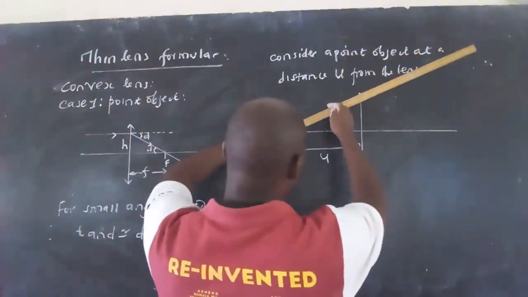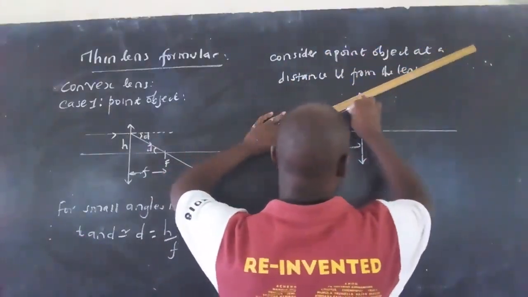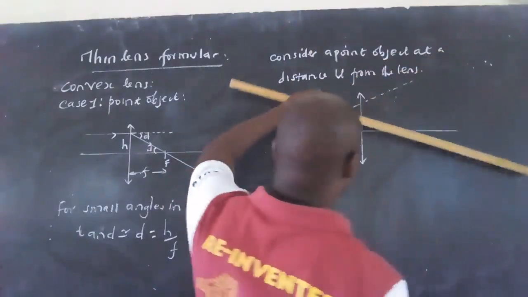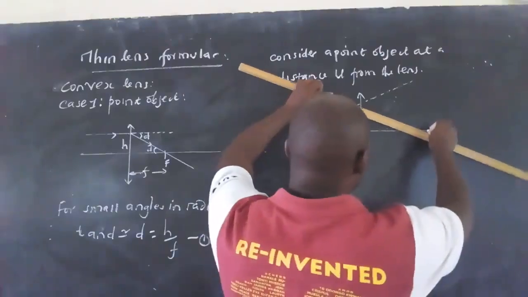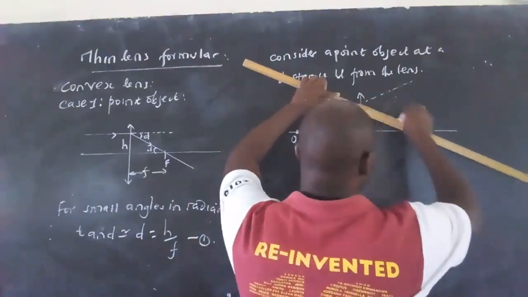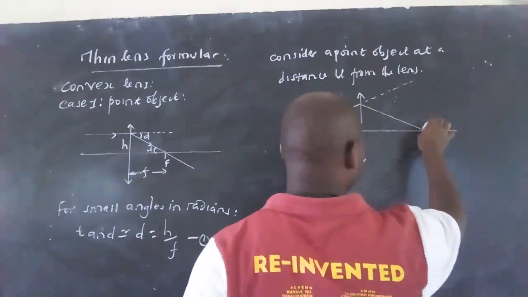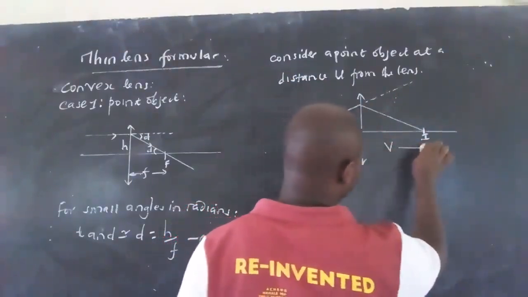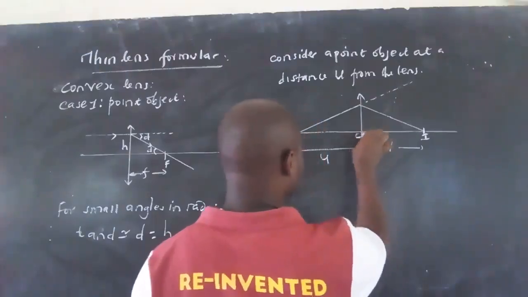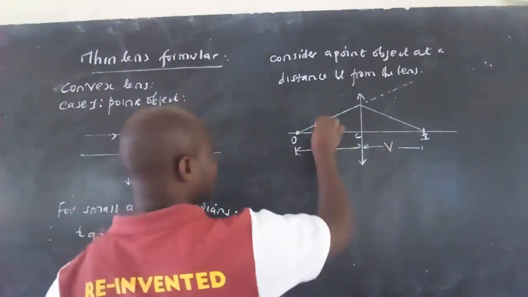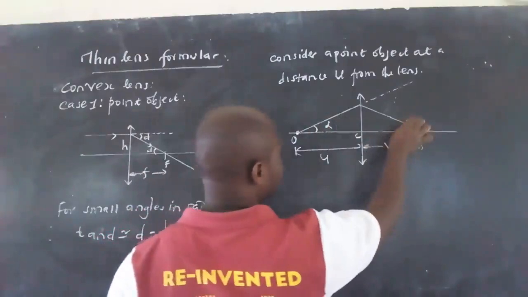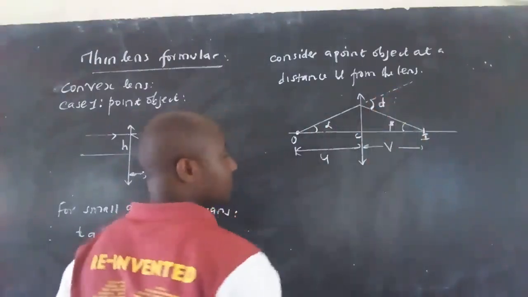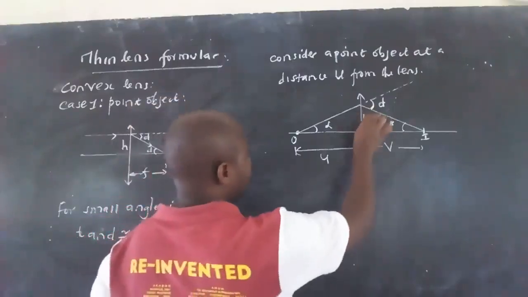Then we will complete. We shall have this. It's forming an image I at distance v, up to here. So we shall now say let this angle be alpha, let this angle be beta. This is still the same angle of deviation, and this is h.